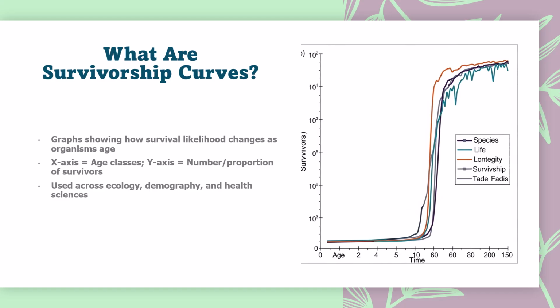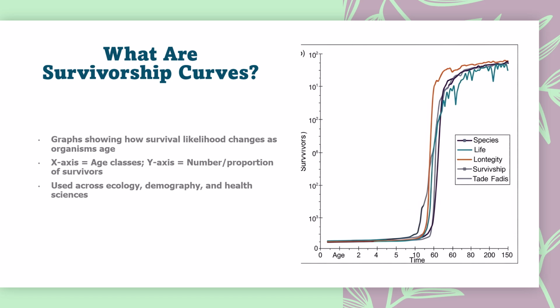A survivorship curve is essentially a graph that tracks the number of individuals in a population who survive to different ages. On the x-axis, we have age categories, and on the y-axis, the number of survivors, often plotted on a logarithmic scale.